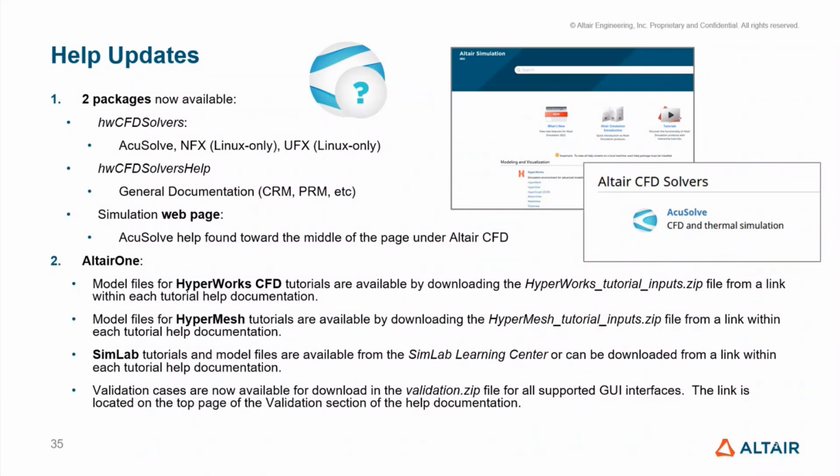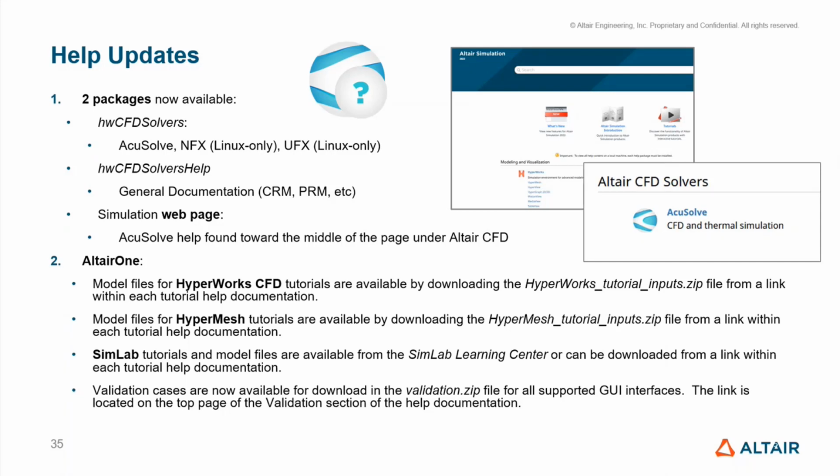So the installation packaging for Altair's CFD solvers is being separated into two. The previous HW-CFD solvers package will contain just the solvers themselves, AcuSolve, NanoFluidX, and UltraFluidX. The second package, which is called HW-CFD Solvers Help, will contain general documentation like HTML pages and PDF documents.